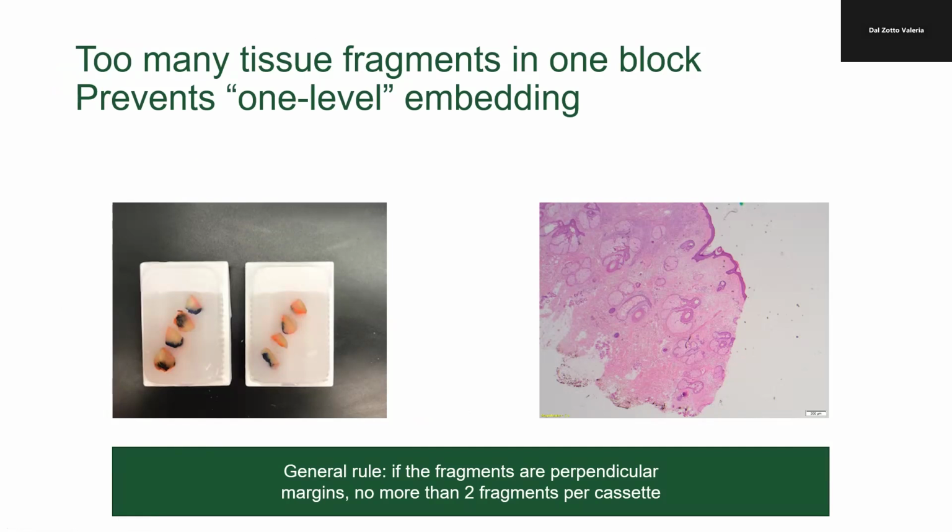It's very difficult for them. We're going to see more or less what they do for you to have a deeper understanding of this. But as a rule, if you have very small fragments that are margins of a specimen, don't put more than two in each cassette.